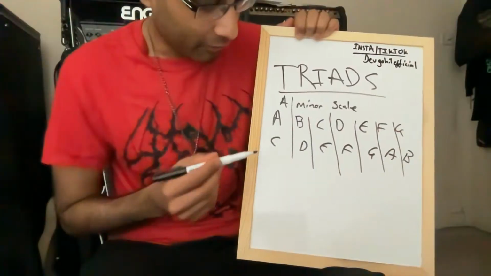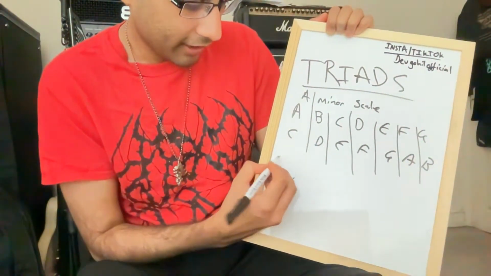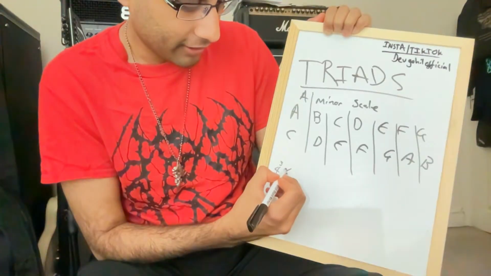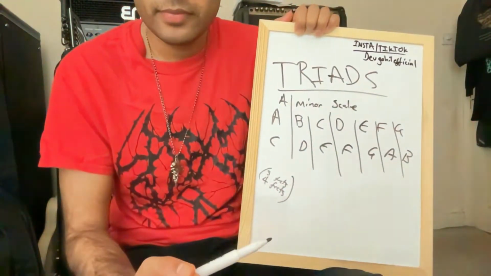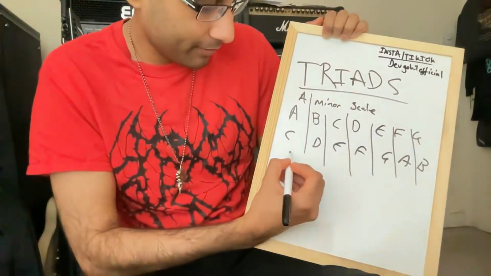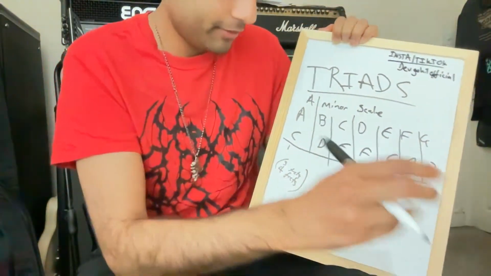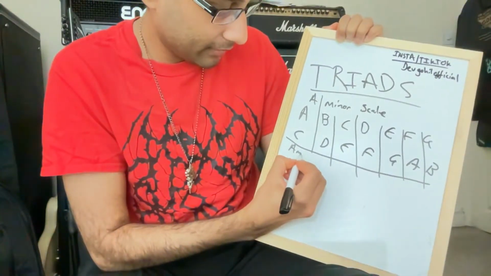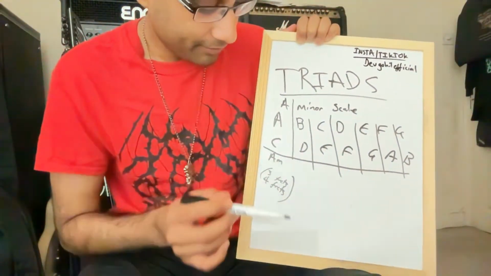A and C. Remember, that's a distance of 4 frets, because this is going to be important. 3 frets and 4 frets. There we go. Minor dyad. So this is going to be A minor.